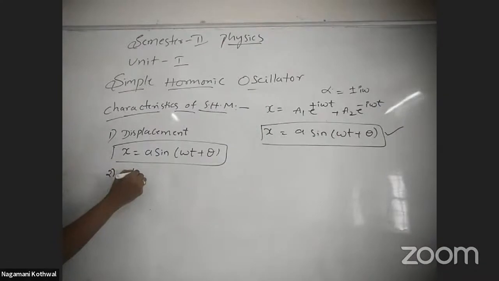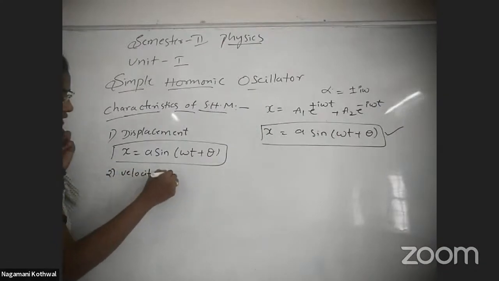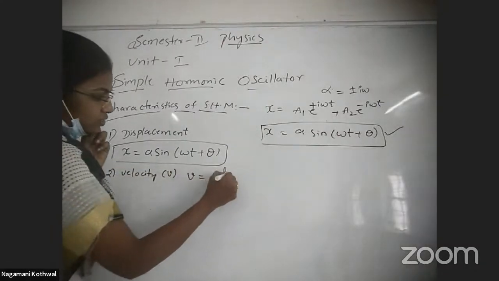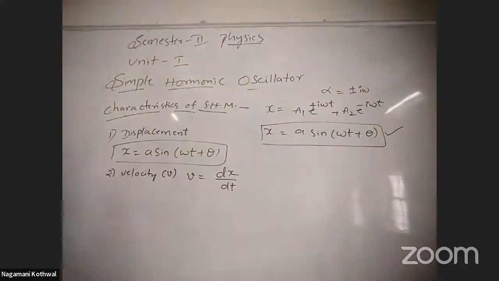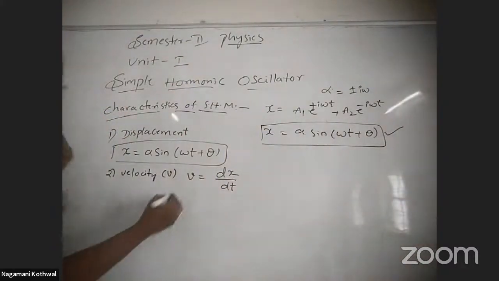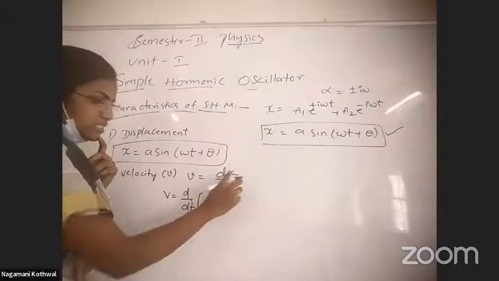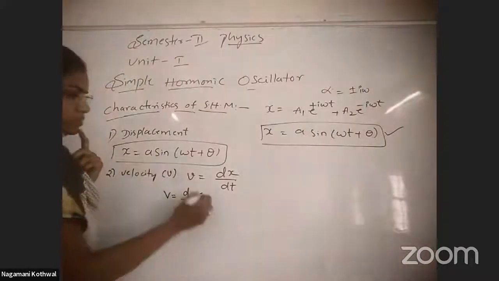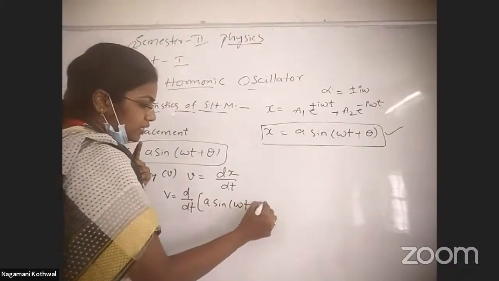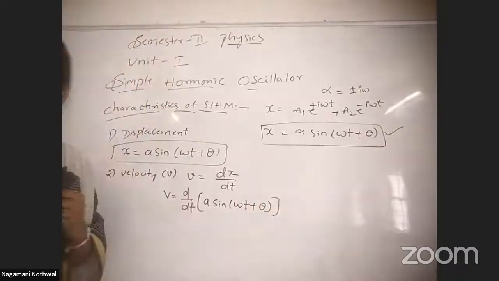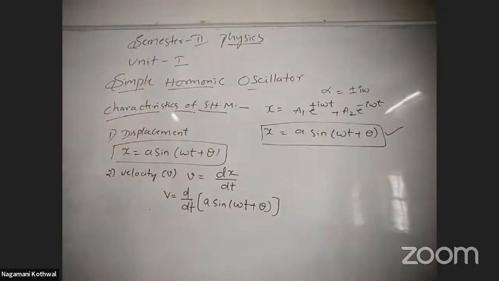Next, the velocity. Generally, velocity v equals dx by dt, that is d by dt of x, which is d by dt of a sin(omega t plus theta).